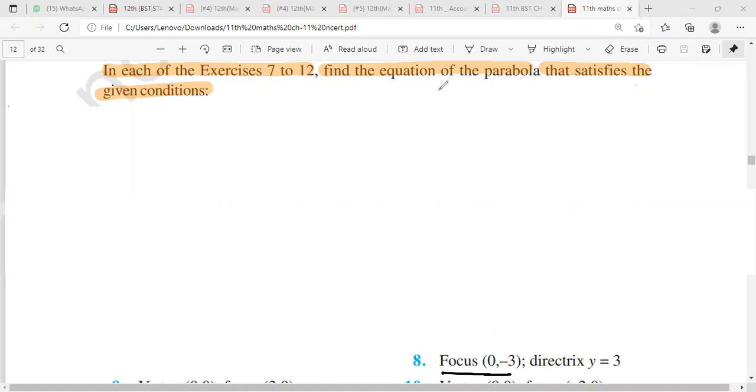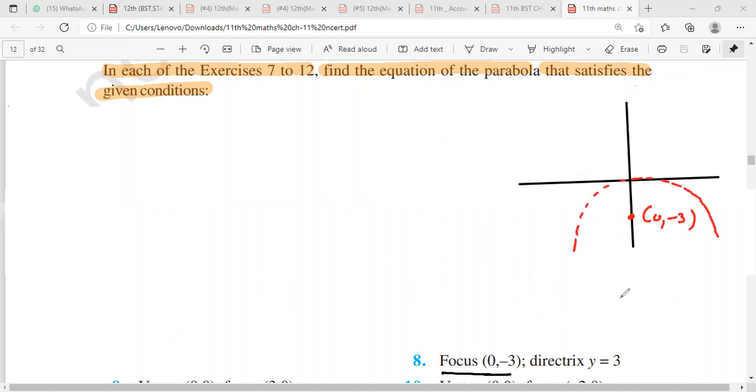It means जो आपका फोकस होगा, it will be on negative y-axis, 0, -3. जो हमारा पैराबोला होगा, it will be डाउनवर्ड पैराबोला. और इसकी जो इक्वेशन होती है, that is x square is equal to -4ay.